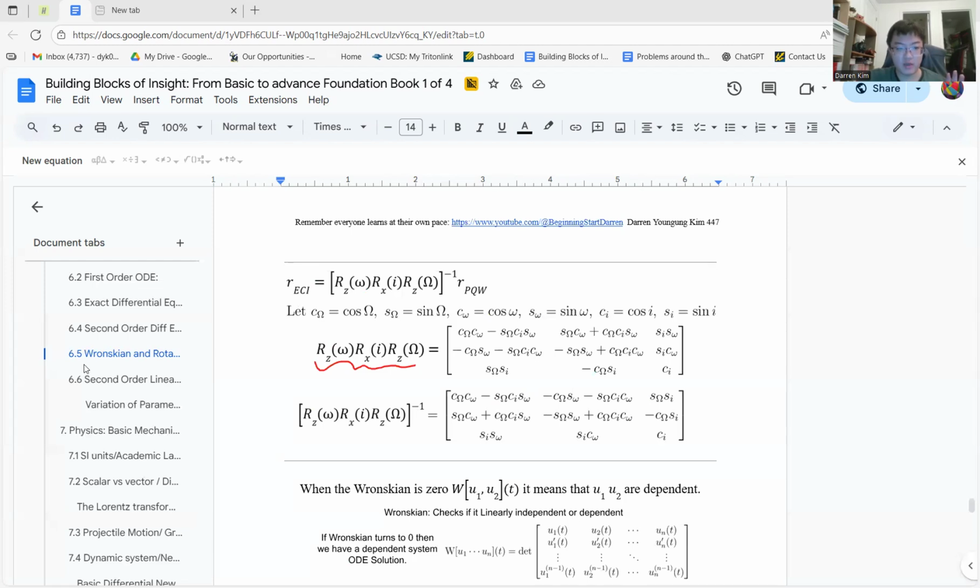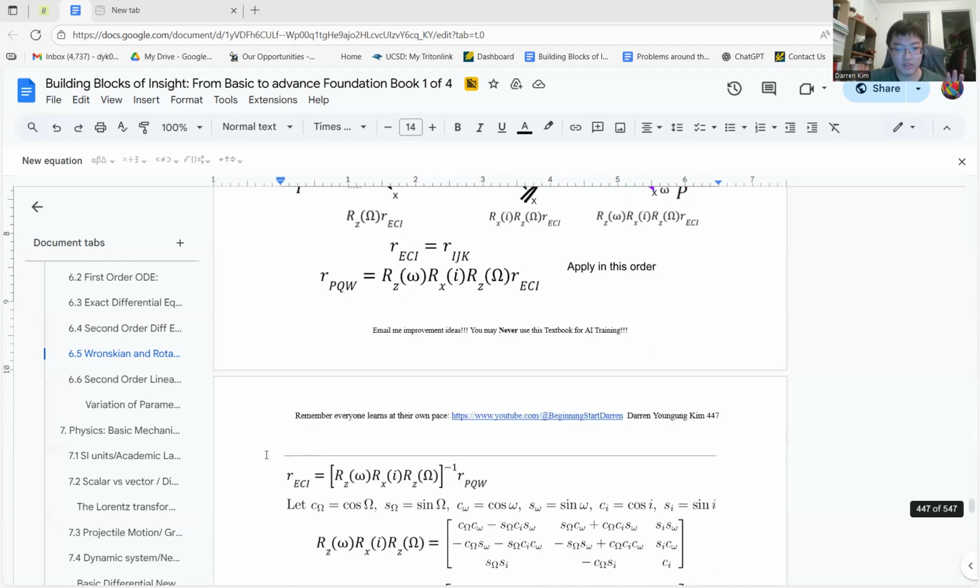As I said, I should probably go up over here first. Going from PQW to ECI, where ECI is IJK, it's just doing this step over here. Starting with this and applying the next matrix and then applying it again. Those matrices give you this big matrix over here.